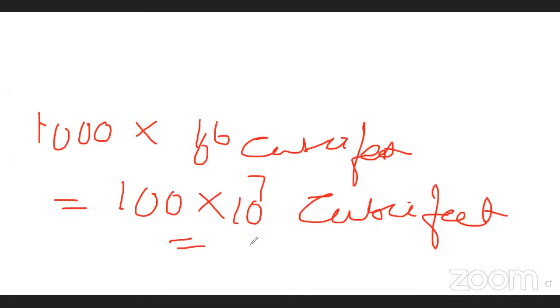So if 100 crore cubic feet of water is stored in a reservoir, then it is known as 1 TMC.